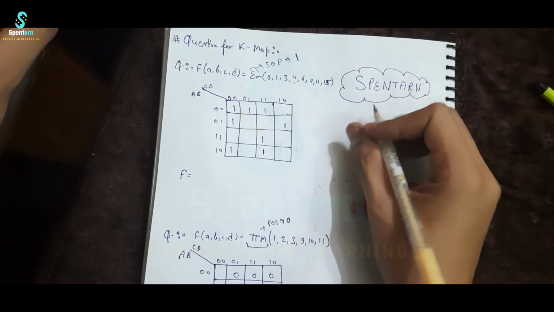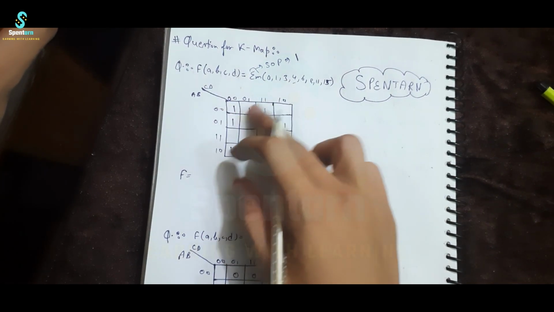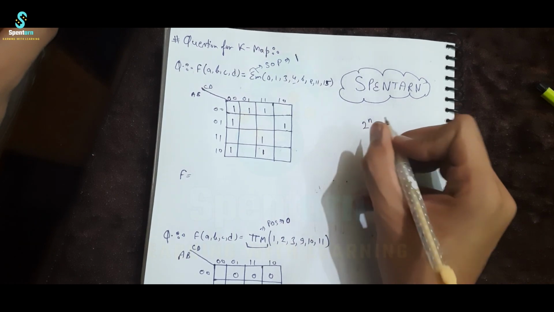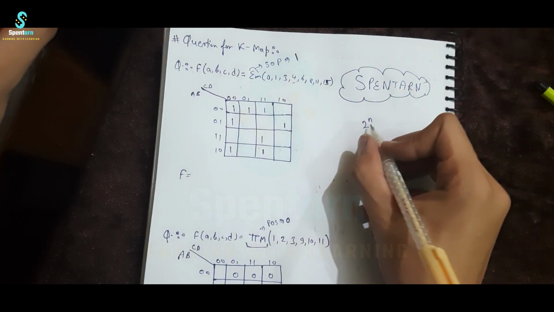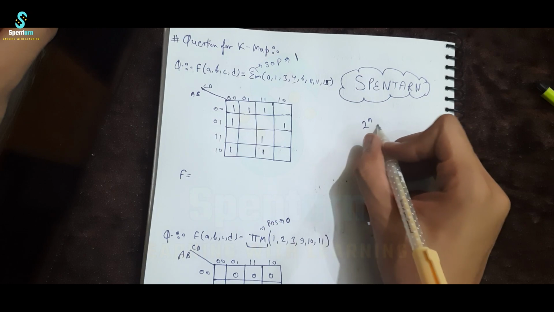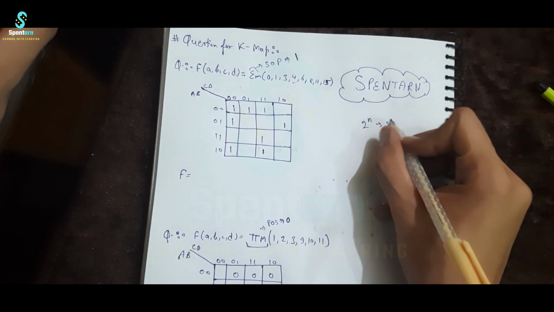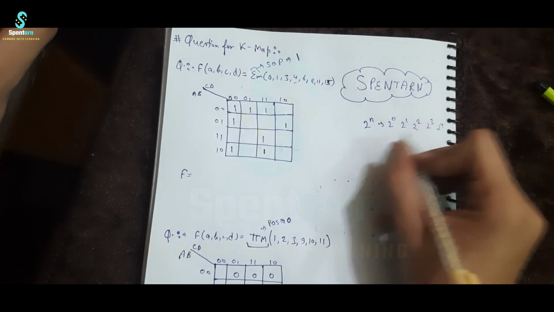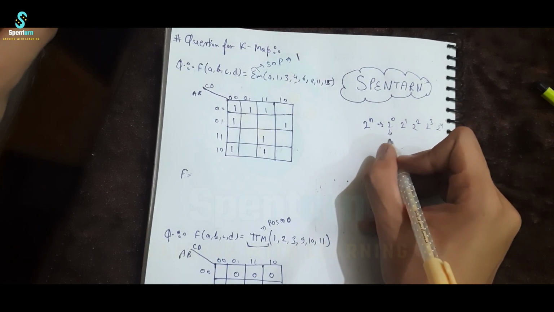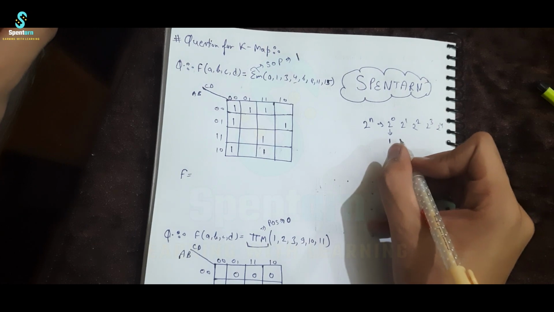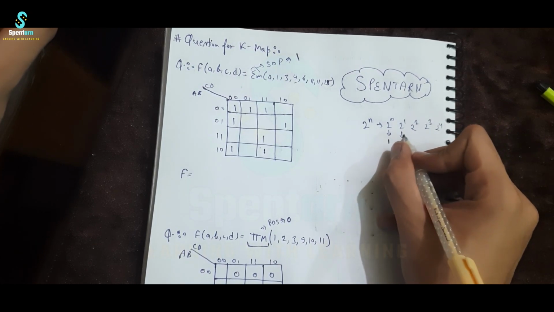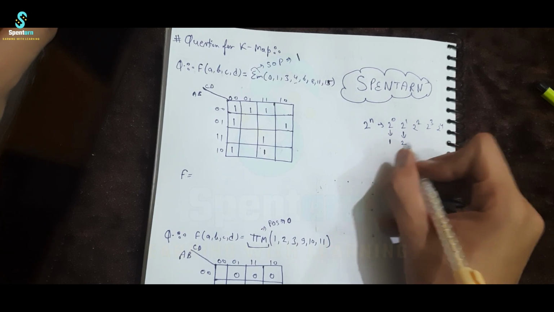If any cell is given to you, you have to try to make groups of elements with 2 to the power n, right? So 2 to the power n means 2 to the power 0, 2 to the power 1, 2 to the power 2, 2 to the power 3, 2 to the power 4. That means you can make a group of only one element. If it is possible, you can make groups of two elements.